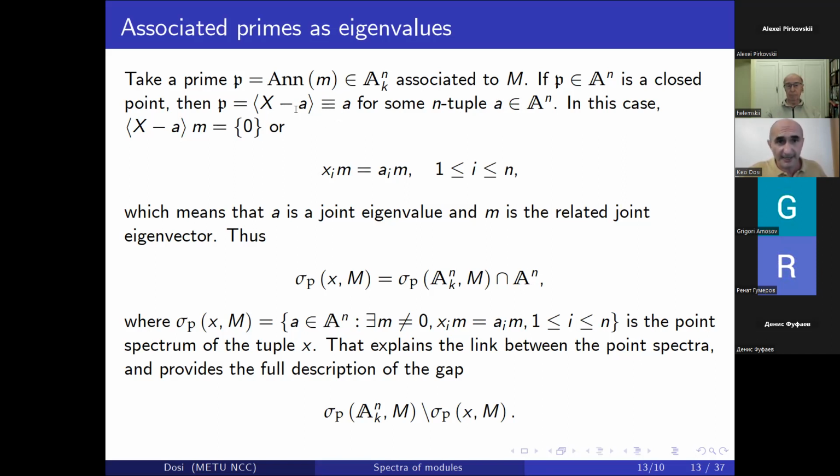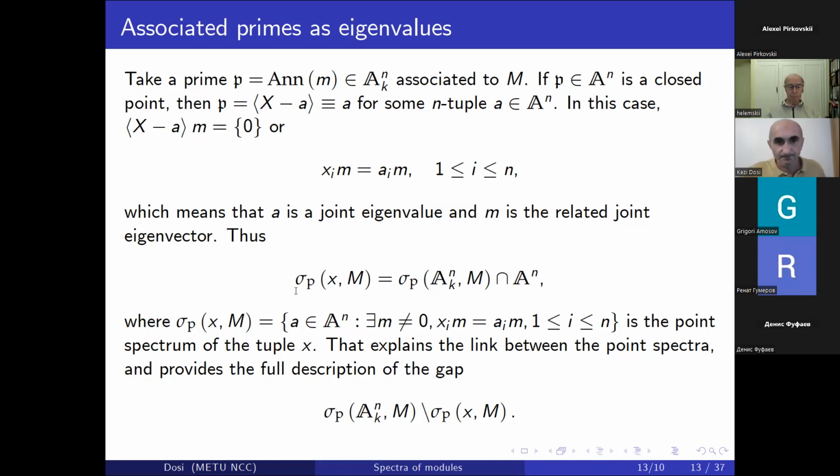Okay, so this X minus a annihilates m. So let's plug in here: X minus a times m is 0. But we know the action of X on M is given by means of little x's, right? So x_i m equals a_i m, i between 1 and n. Well, look, that exactly means this tuple a is actually a joint eigenvalue, right? And m is a related joint eigenvector. That's it. So if we restrict our point spectrum to closed points or maximal ideals, we have the known point spectrum from operator theory.